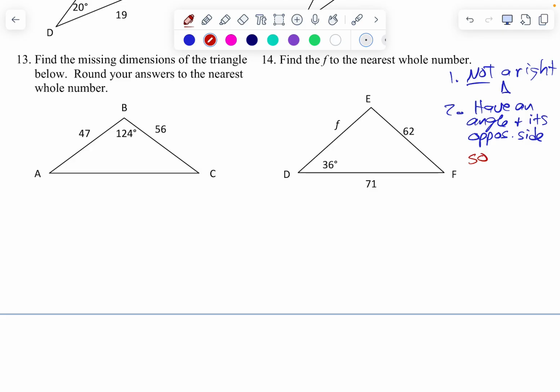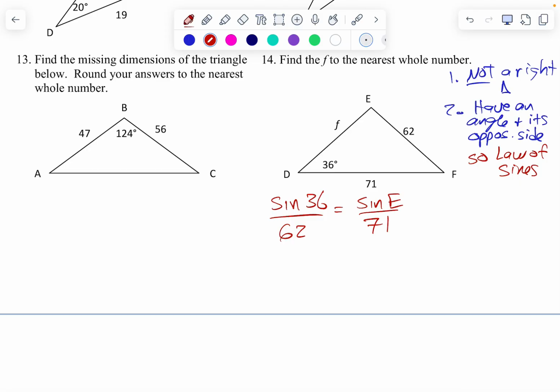Angle and its opposite side tells you law of sines. Okay. So we'll start with what we know, which is sine of 36 over 62. And then sine of f, maybe. Sorry, we need e first. Sine of e over 71.